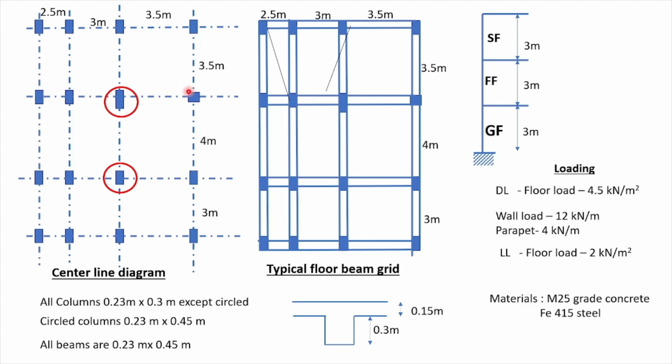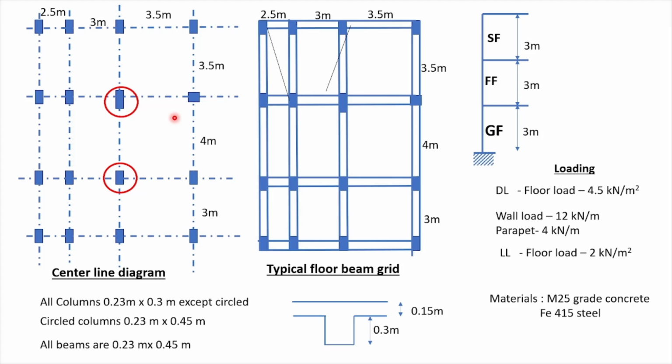All are 0.23 by 0.3, and all are oriented in the plane direction. If I consider this vertical, only this column is horizontal from the depth point of view. So we have to orient only this column perpendicular to the remaining ones. I just wanted to distinguish how the orientation has to be given in the analysis. From that point of view, I have given it like this.